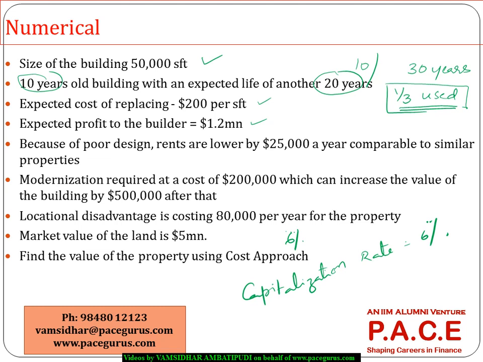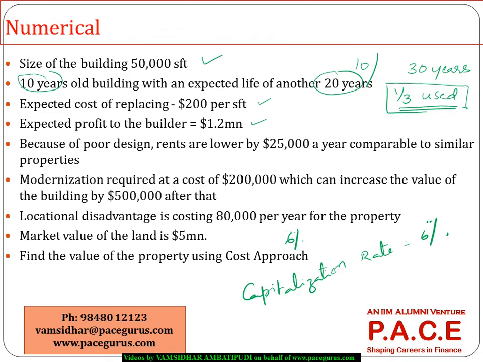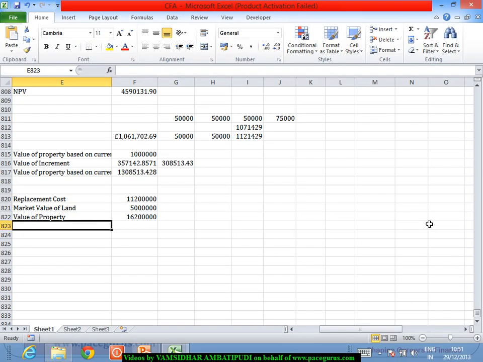For every year the rents are lower by 25,000, so I can reduce the value with respect to that 25,000 every year at the rate of 6%. This is what poor design causes, so it's a functional obsolescence.